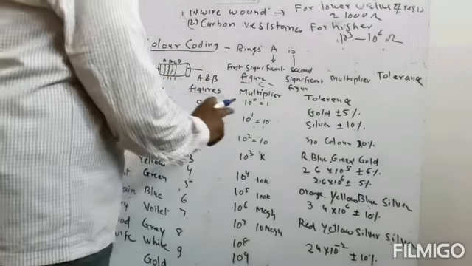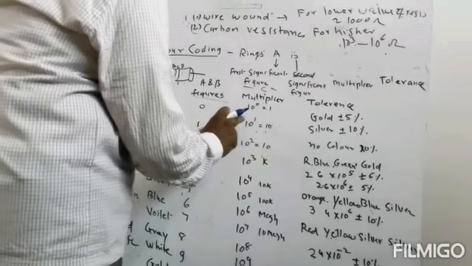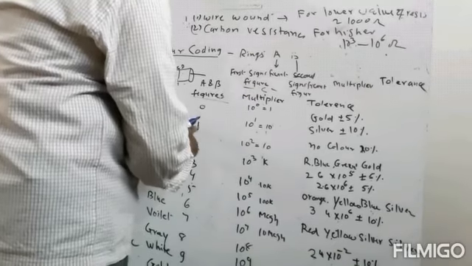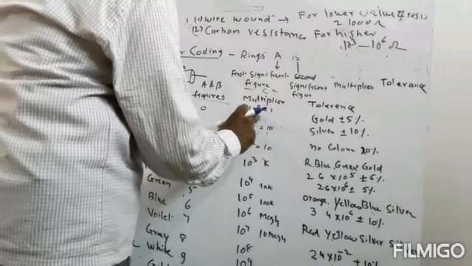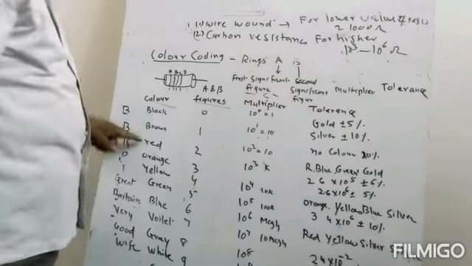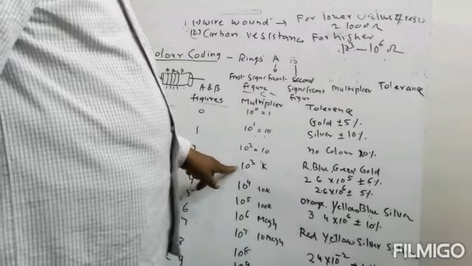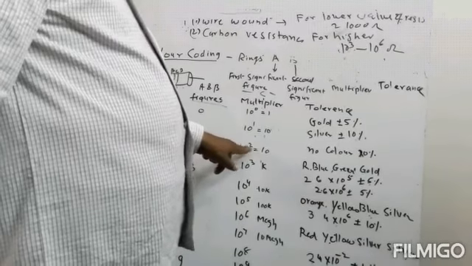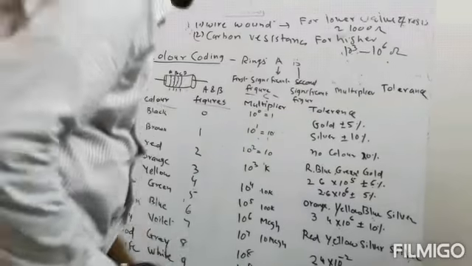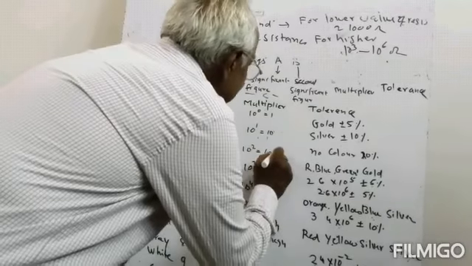Means if it is black, then it is 10 to the power 0, that is equal to 1. Suppose it is brown, 1, then 10 to the power 1 is equal to 10. Then if it is red color, then 10 power 2, that is equal to 100.